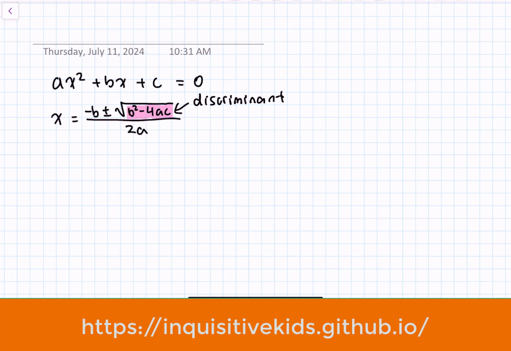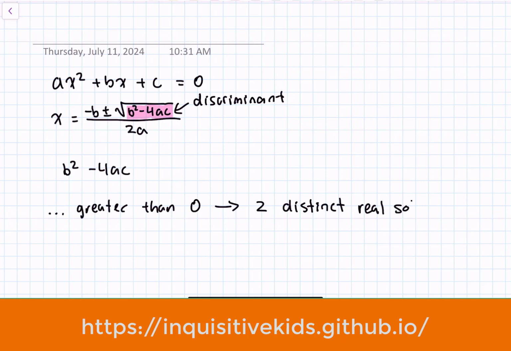For example, if b squared minus 4ac is greater than 0, then it means there are two different real solutions.